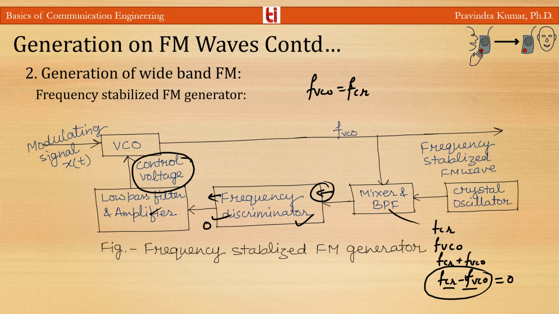If the VCO frequency deviates above or below FCR, then the DC control voltage at the output of the low pass filter will adjust automatically to bring the VCO close to FCR. So if they are not equal, it will be adjusted and automatically brought close to FCR equal to FVCO.